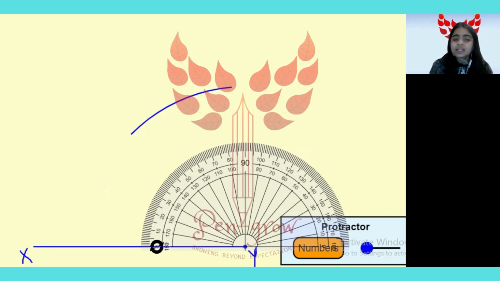So this baseline is starting at this 0, so you will follow the outer scale, not the inner scale. And the other part is you understand that 60 degrees is an acute angle, and this 60 gives an obtuse. So you would rather take this 60. Right? This is how you take it.